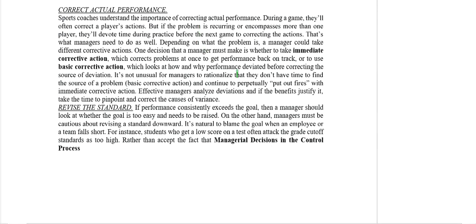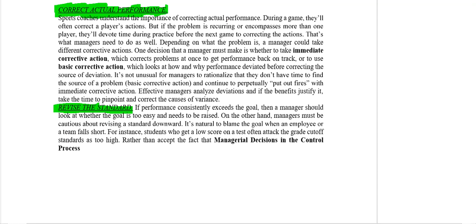Students, in taking corrective actions, sometimes there are flaws in the performance of the employee, so we have to improve the performance of the employee. On the other hand, sometimes the performance of the employee is not bad, or the effort put in by the employee is very good, excellent, but we have to revise the standard.